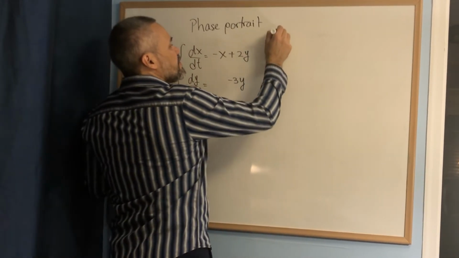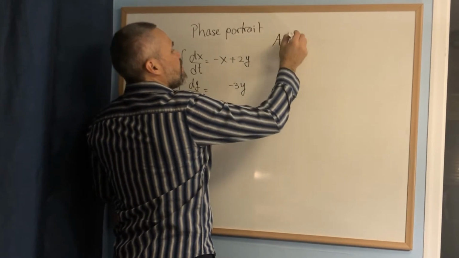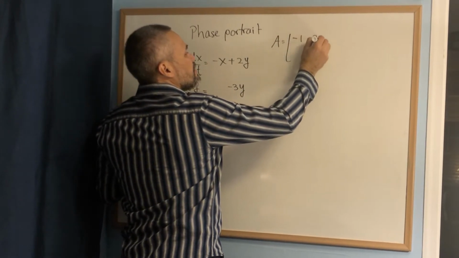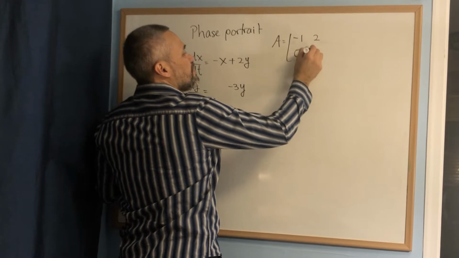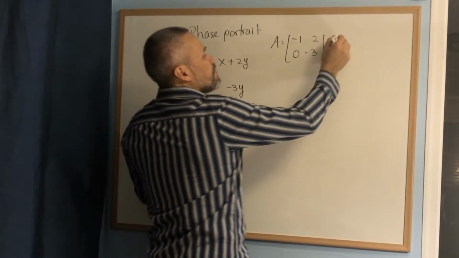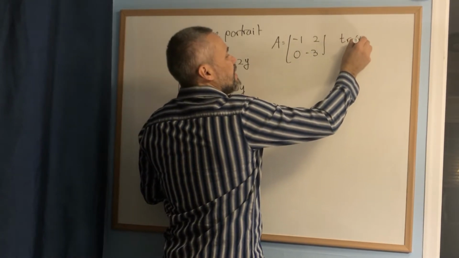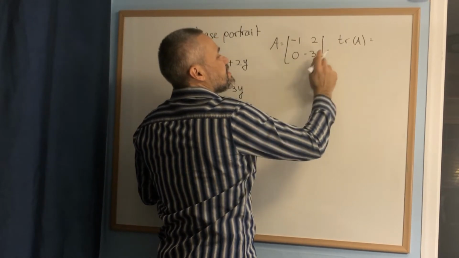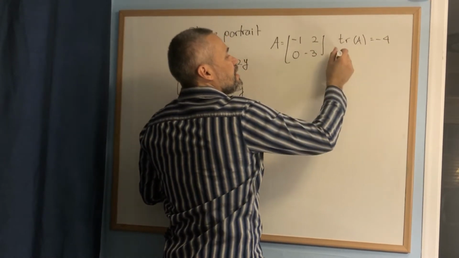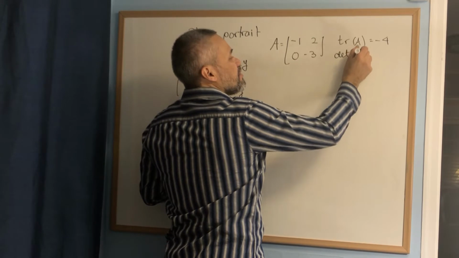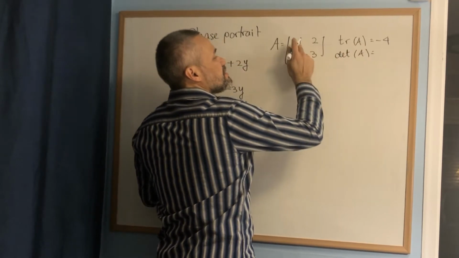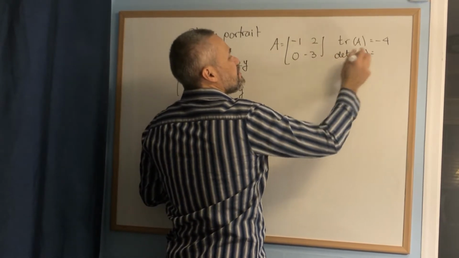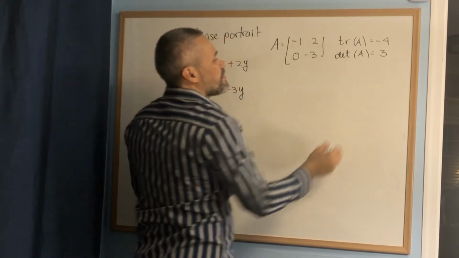Here the matrix is A = [[-1, 2], [0, -3]]. We compute the trace. The trace of A is -4 and the determinant of A is -3 times -1, which is positive 3.